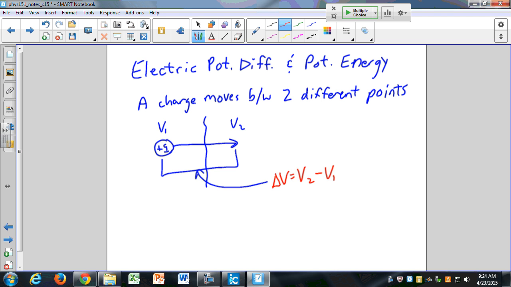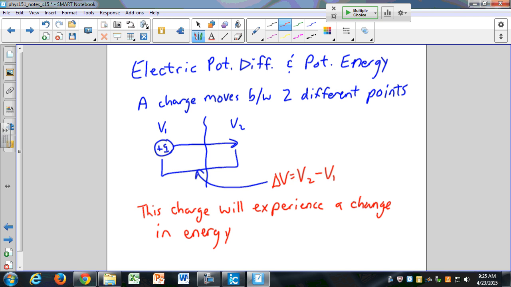So this charge is going to experience a change in energy, and it's given by this.